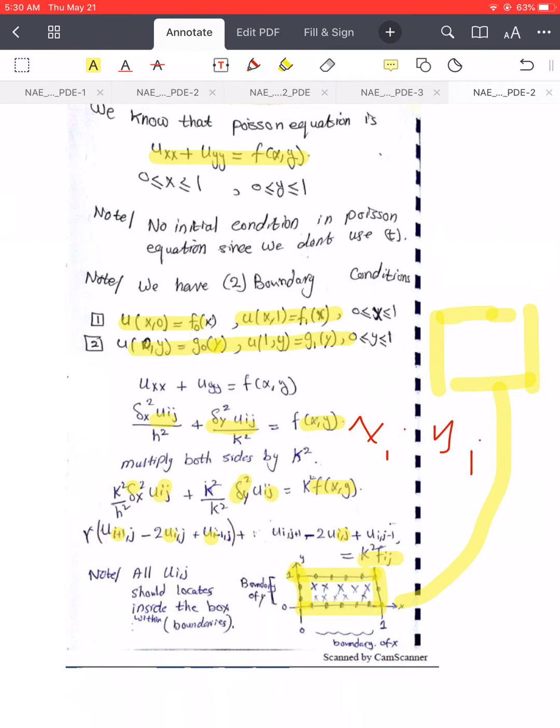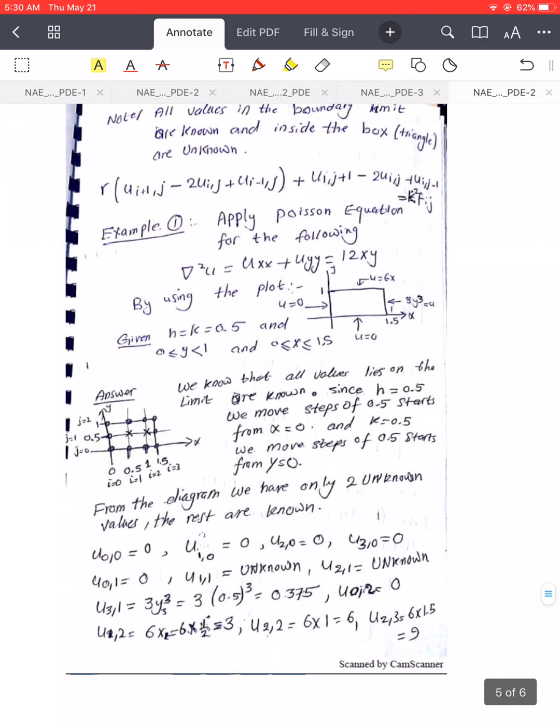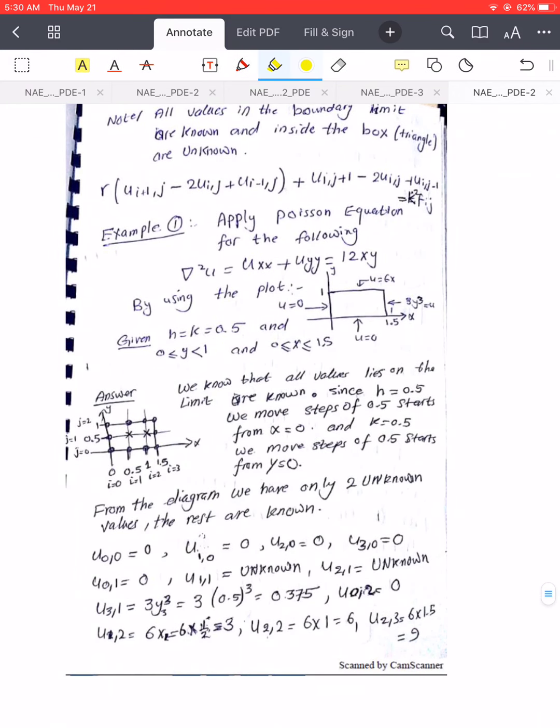We'll consider an example. Here is the example: solve this equation, which is given here. This nabla squared means Poisson, right? And the right hand side is 12xy.